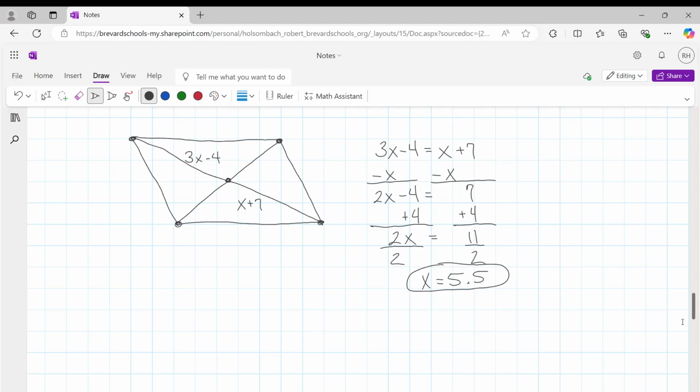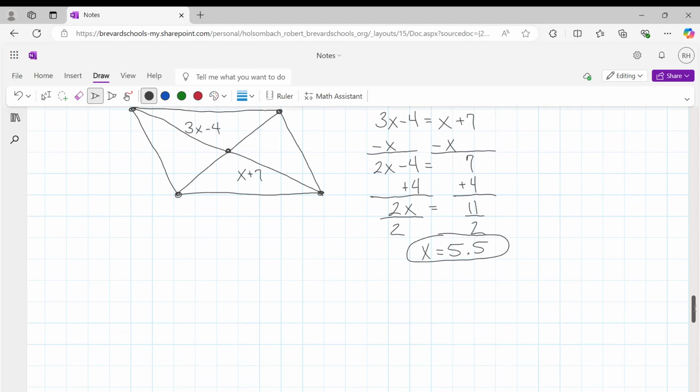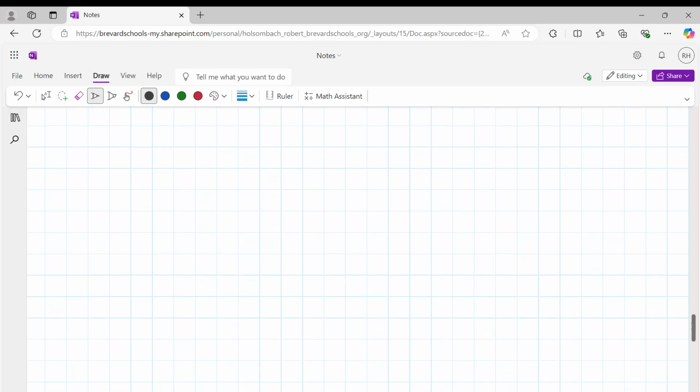Let's do an example related to yesterday's lesson. Let's take this parallelogram and this upper left angle, let's call it 4x.